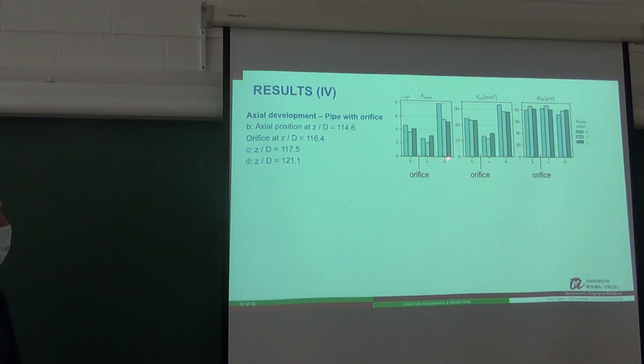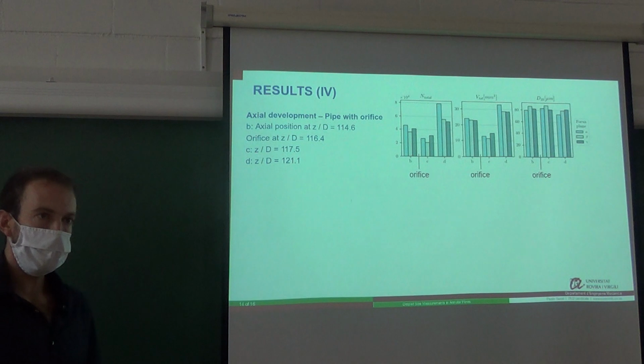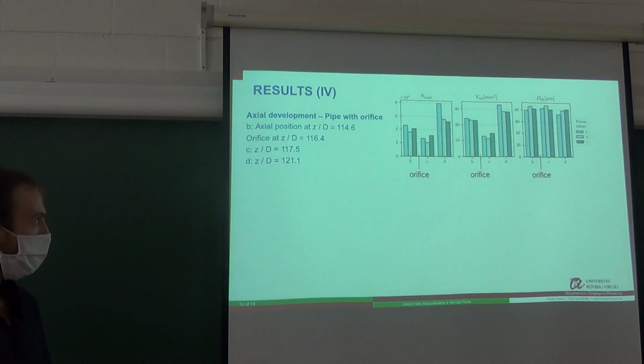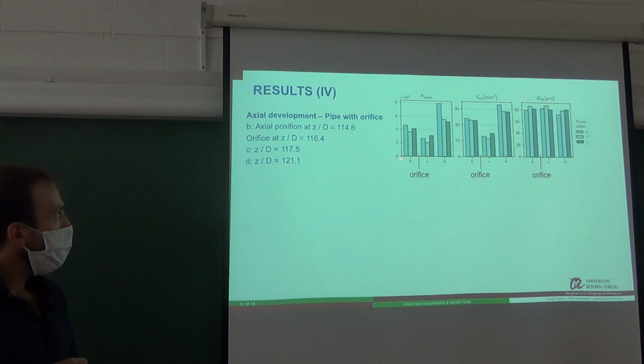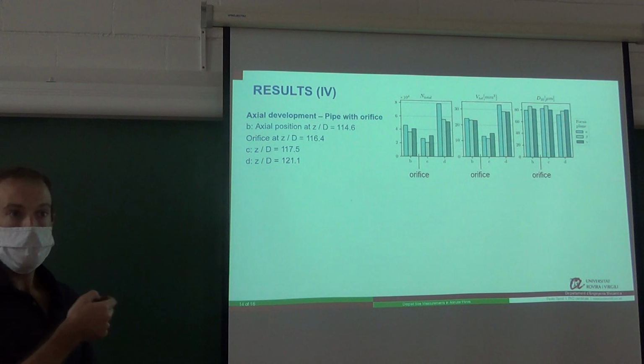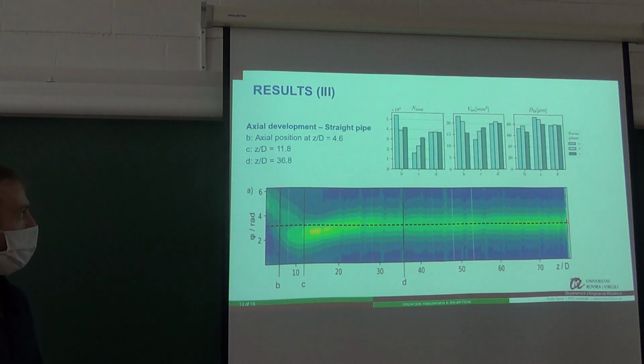Again, 3 axial positions, now in the zone of developed flows, this is more than 100 diameters from the mixing chamber. And we see that at position B, this is very similar to a developed flow, as I showed you in the previous one here.